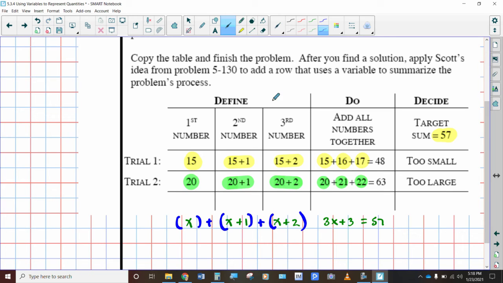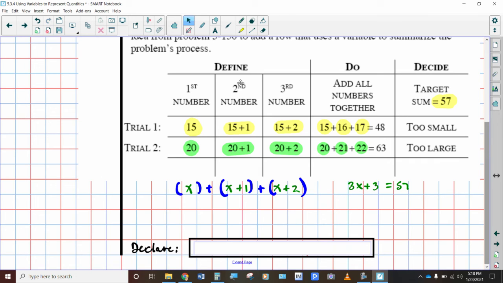And when you combine like terms, that ends up giving us 3x plus 3 is equal to 57. So what I would like for you to do is find out what number x is. And once you know what x is, we can now declare the other 2 numbers. We'll have everything we need for all 3 numbers. Okay, go ahead and pause and see if you can work that out and solve for x.